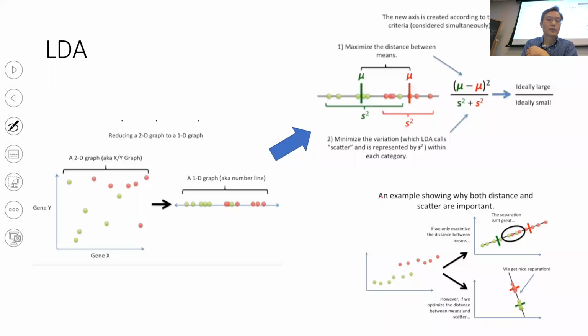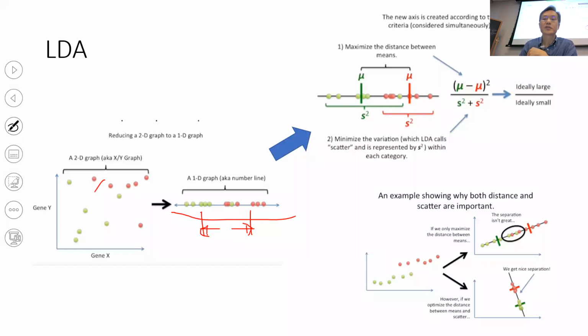If you don't do anything, you just use the original coordinate system to project these data points onto the x-axis, then this is again not the best solution, because the difference between the means of the red and the green points is not the largest.